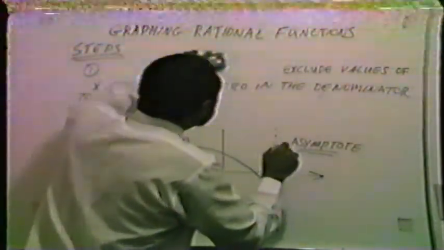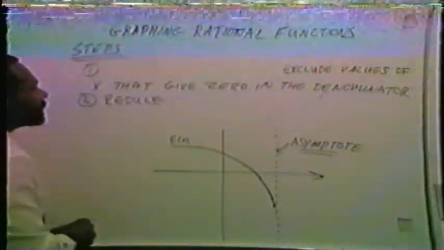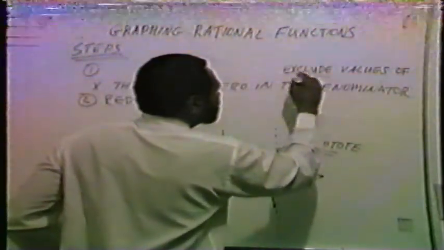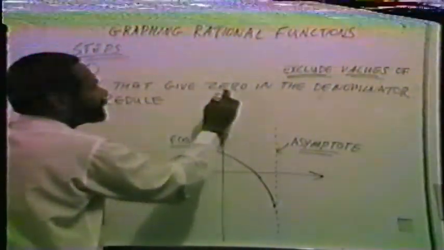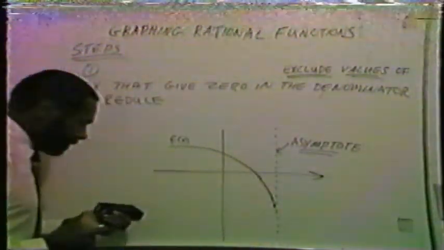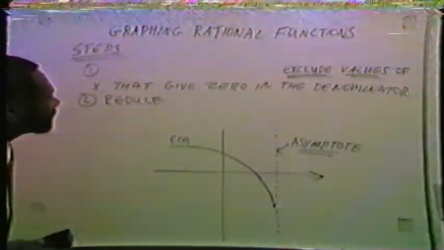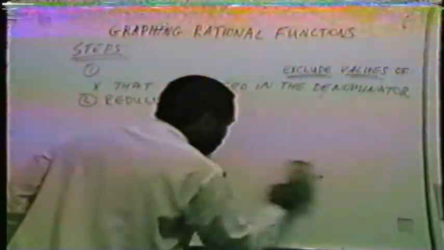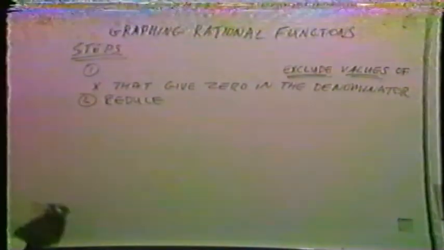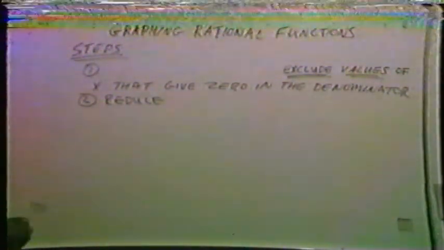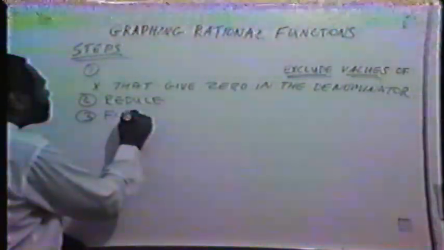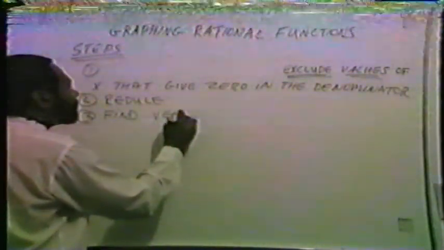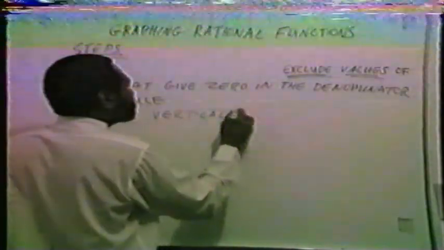So step number one, we'll say exclude values of x that give 0 in the denominator, because dividing by 0 is undefined in the set of real numbers, and also in the set of complex numbers. Then you reduce. All right, then step number three, you find the vertical asymptotes.